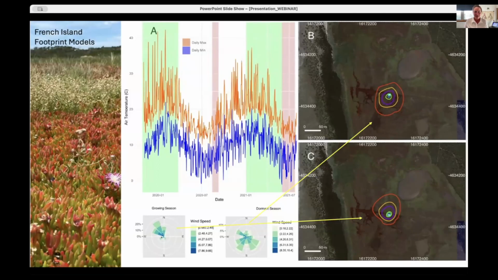When I have winds blowing from the north, my flux footprint is more northward than during the winter time, where I have a lot of southerly wind in French Island. So footprint models change with seasons, and it's always important to note where you are collecting from, especially if you have a heterogeneous salt marsh.